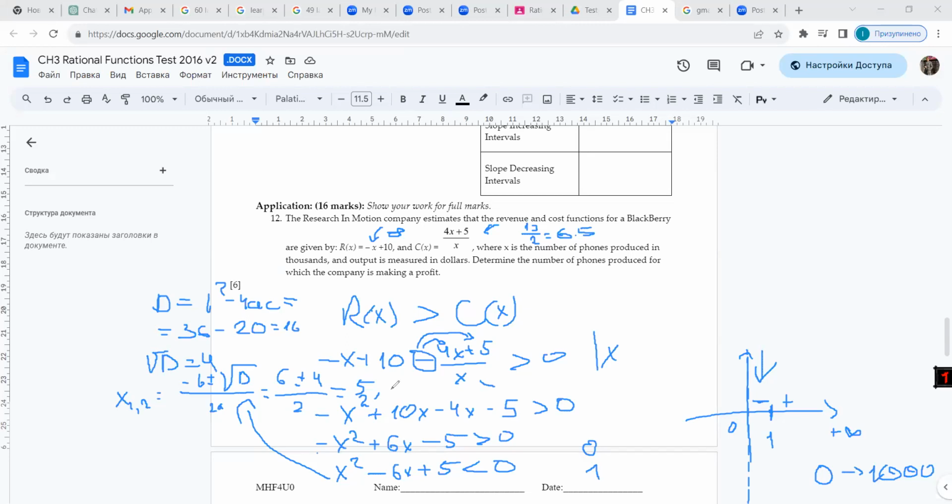If minus, then it's 1. Now, you see? Great. Now we have the points 1 and 5. So now we check from 0 to 1. I substitute 1 over 2 in this formula.